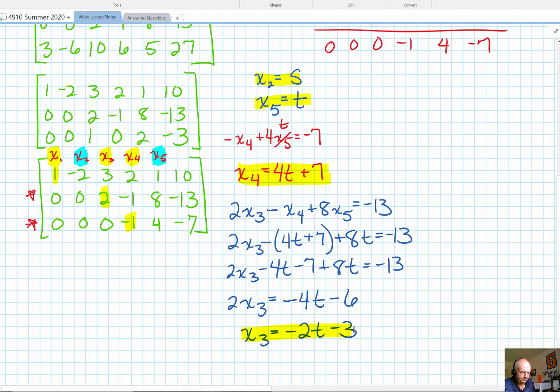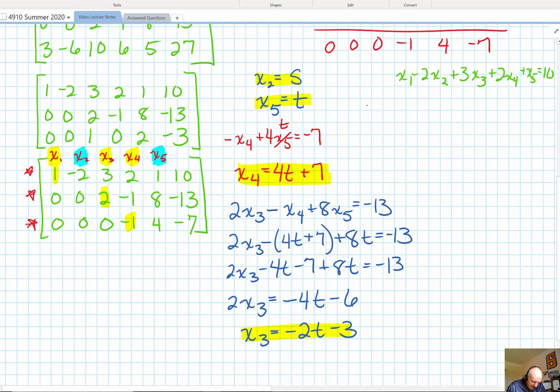And now the last thing is x sub 1. I haven't used this equation yet, so let's use that one: x sub 1 minus 2x sub 2 plus 3x sub 3 plus 2x sub 4 plus x sub 5 equals 10.